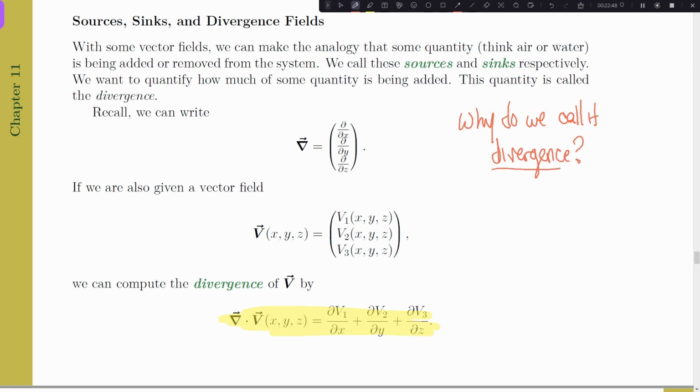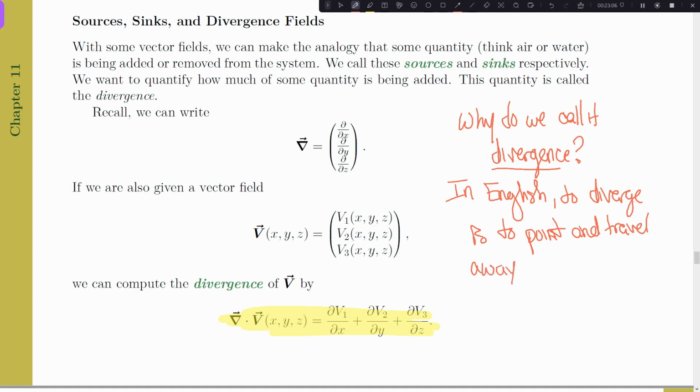Well, what does it mean in English? To diverge is to point and travel away from each other. I think we all know what diverge means in English.